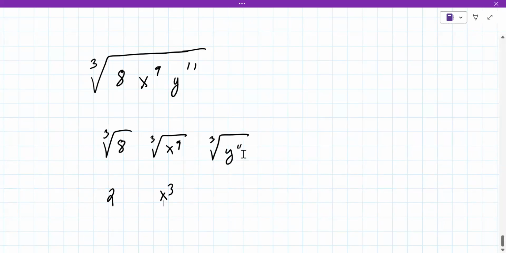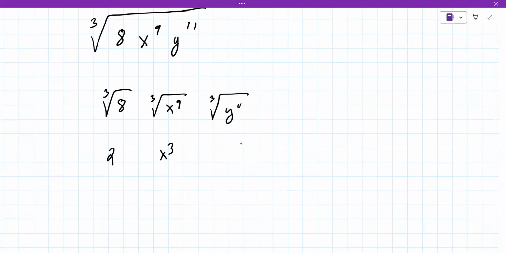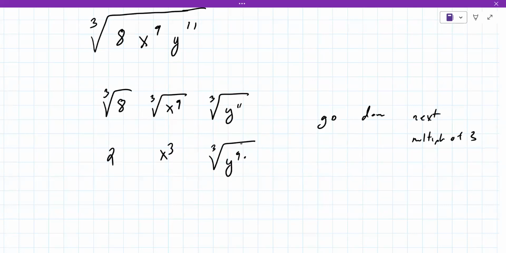Now the question is what to do over here with the y to the 11th. Well, it's kind of like what we did with the odd powers: you go down to the next multiple of 3. So it's the cube root of y to the 9th times y squared, because 9 is divisible by 3.